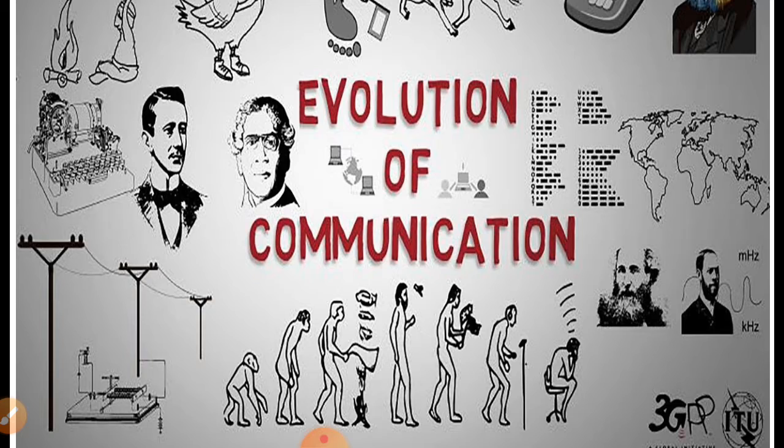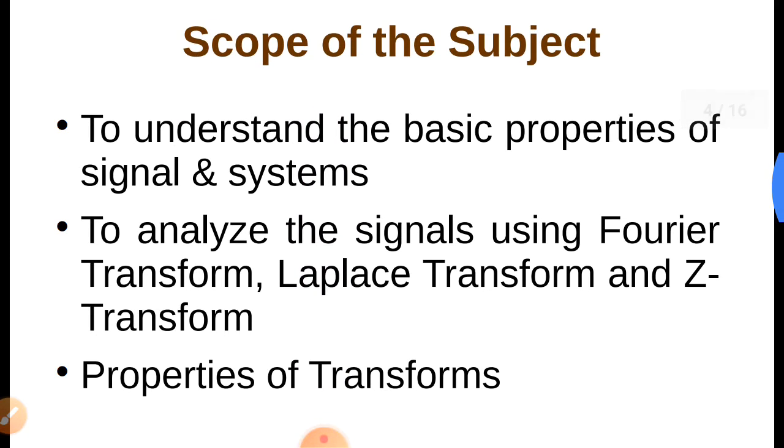Like now we are all walking and running, but in earlier days, when we were infants, we started by crawling. Without crawling we cannot walk. Likewise, without signals and systems, we cannot understand the communication process. This is the scope of the subject.